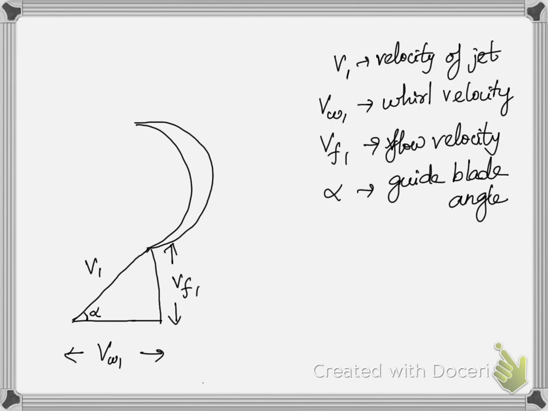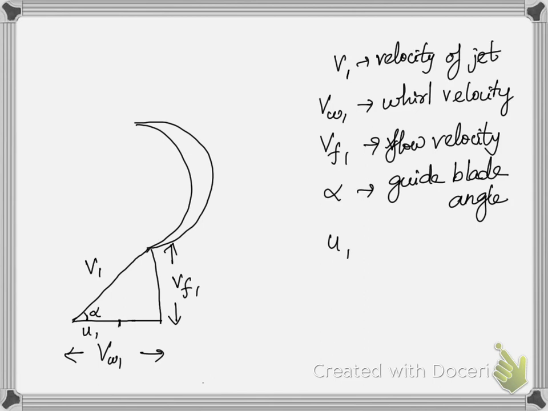We have one more velocity, the velocity of the blade, because the blade will be rotating with some velocity. Generally the water has more force, that is, the velocity of the jet is greater than the velocity of the blade. The velocity of the blade U1 will always be less than the velocity of the jet. So I can draw the velocity of the blade here.